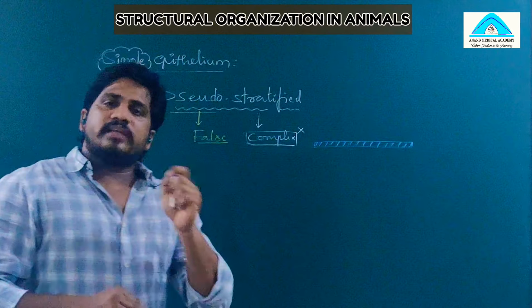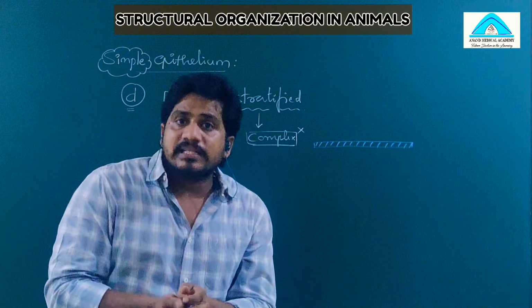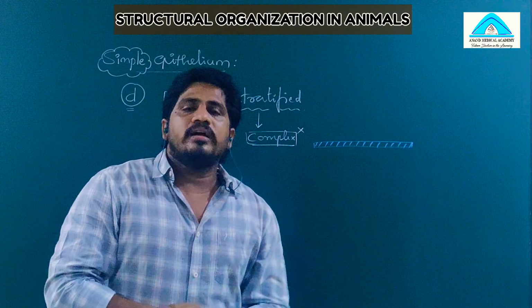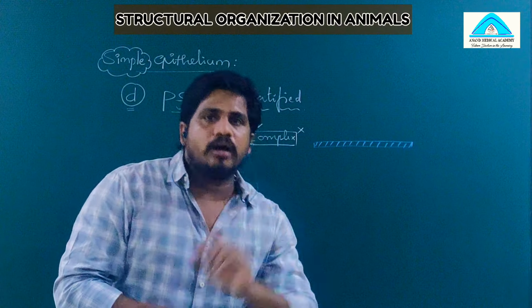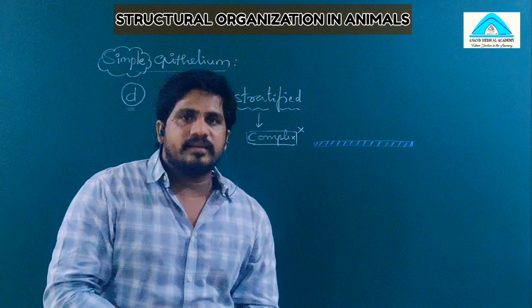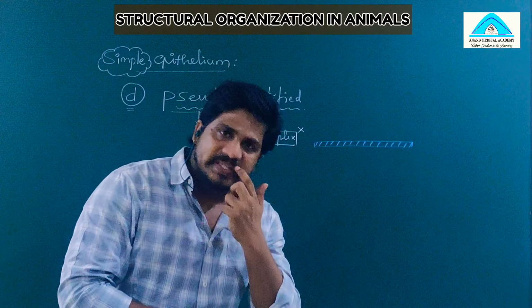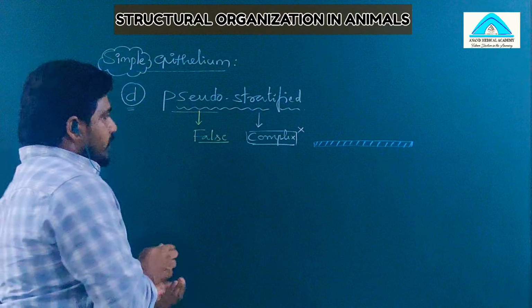The twist is that the cell sizes differ: some cells are slender and long and some cells are narrow and short, so they look like they are aligned one over another, but actually they are aligned one after another. Let us see the magic present in this type of tissue.